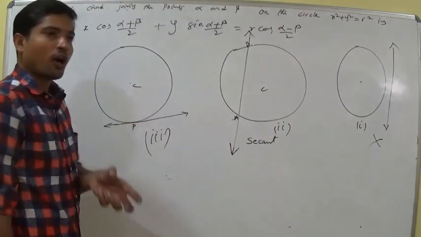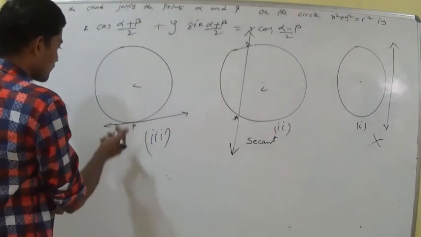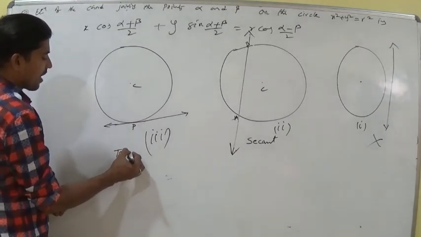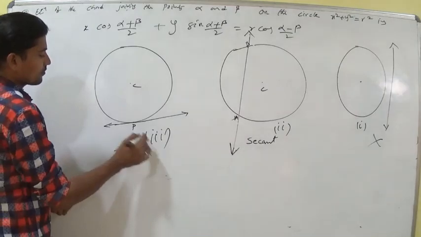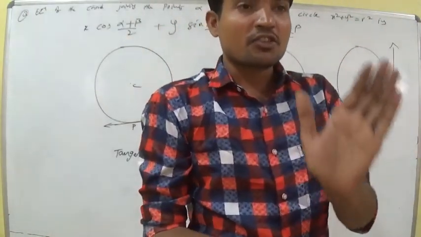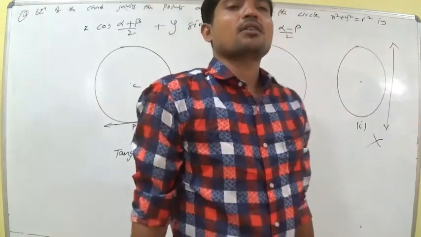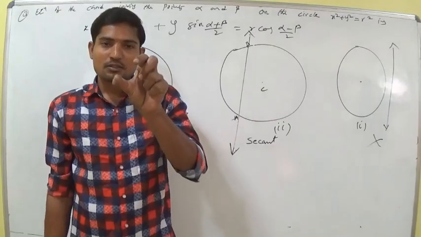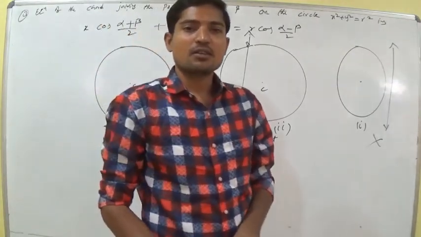So P is the point of contact. What is a tangent? When a line touches a circle at only one point, then that is called a tangent of a circle.